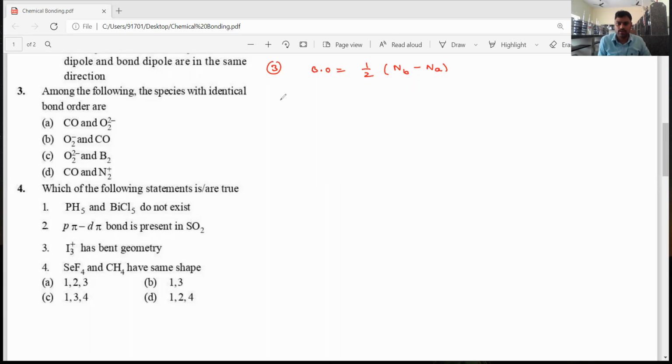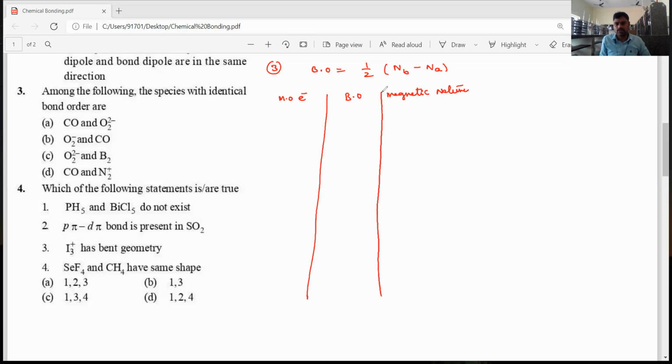Okay, students, let's see the molecular orbital containing electrons, the bond order and the magnetic nature. These two pieces of information you have to remember, because they most frequently ask about magnetic nature from this chapter.